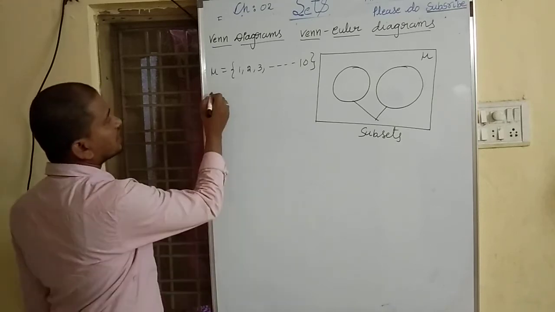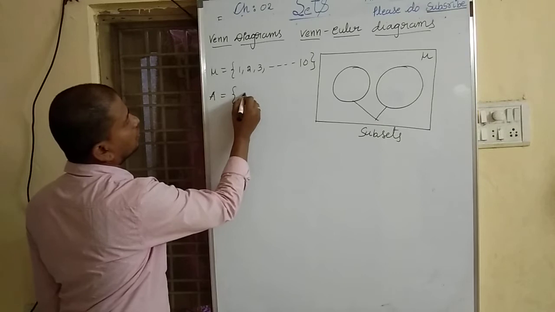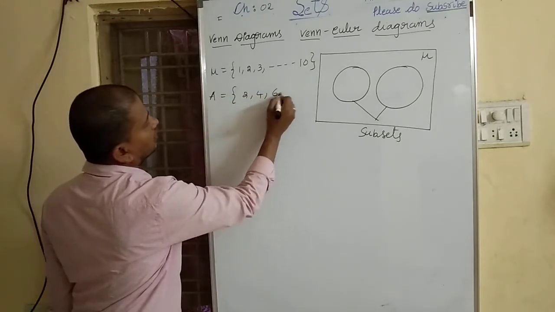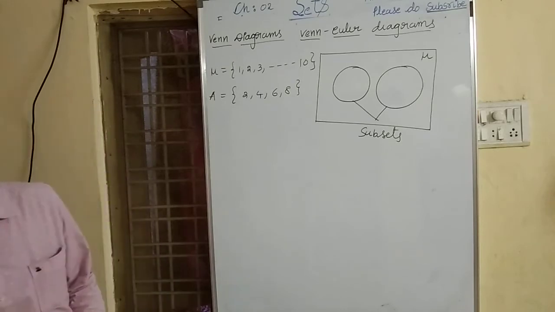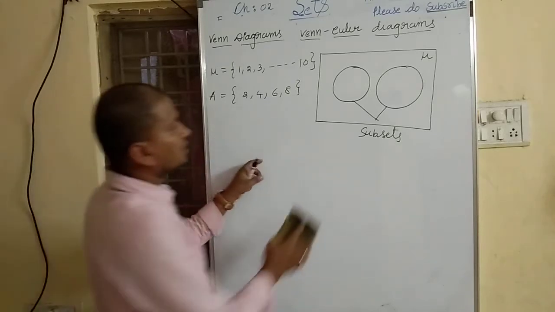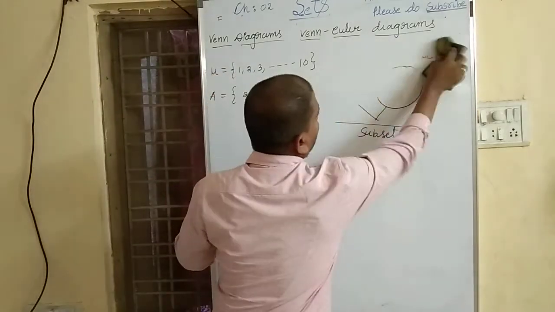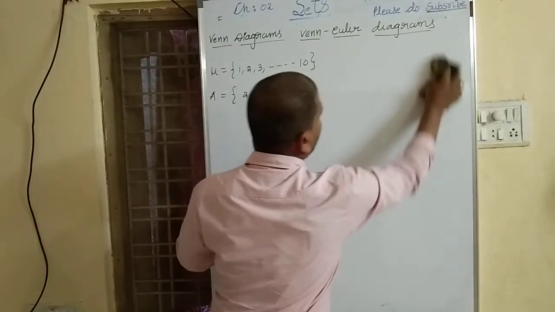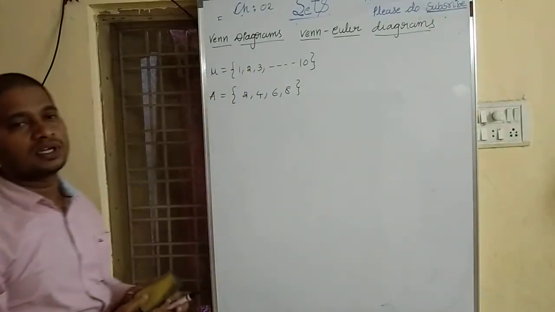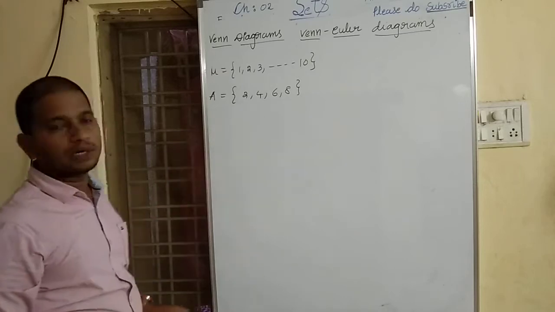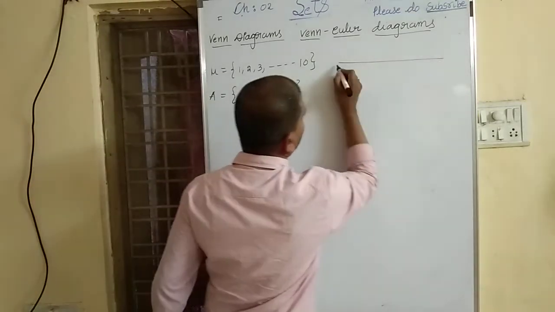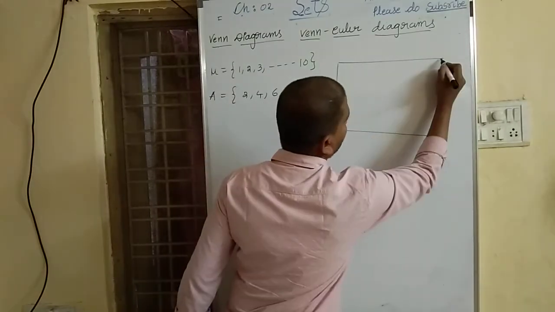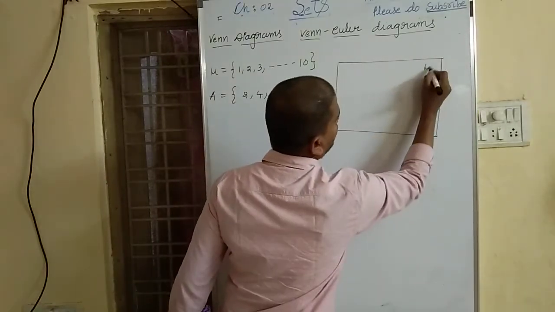And consider a subset A which is equal to 2, 4, 6, 8. Then how to represent the relationship between mu and A? Let me represent it using a Venn diagram. See, this is our rectangle, which represents the universal set, that is mu.